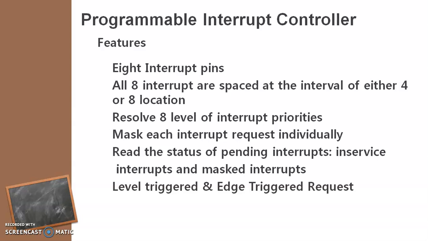8086 has only one maskable interrupt. Using a programmable interrupt controller, it gets features like multiple interrupts. It can be extended up to 8, or with multiple 8259s you can go up to 64 hardware interrupt sources.